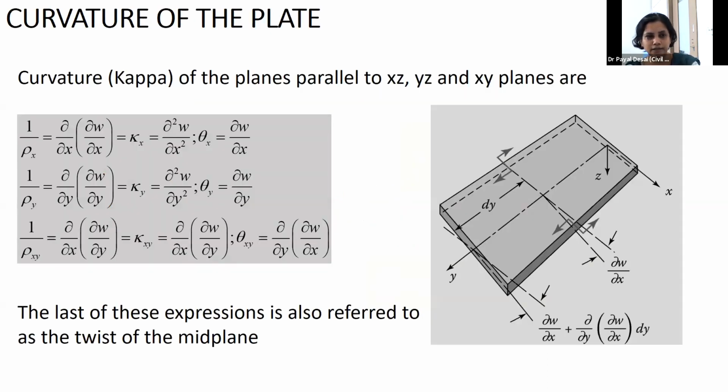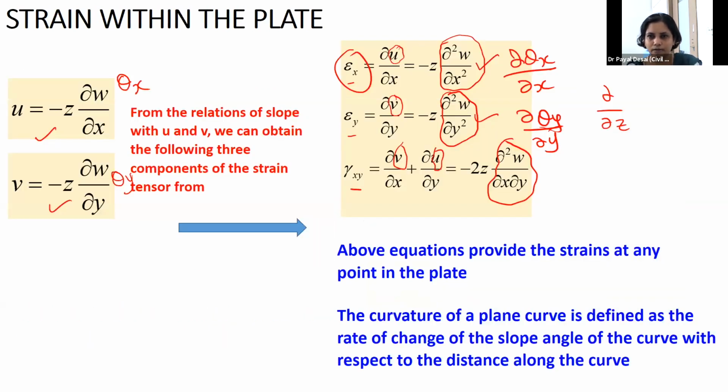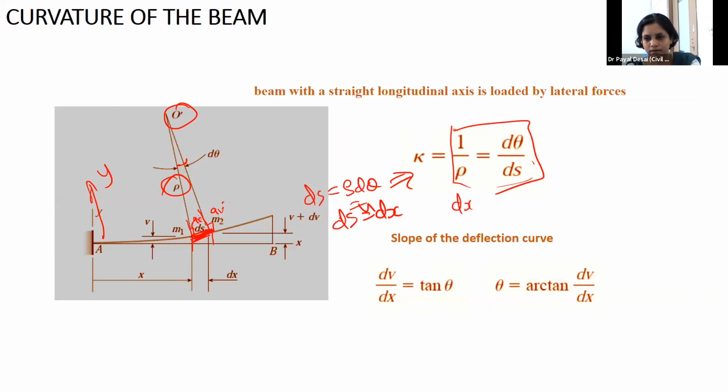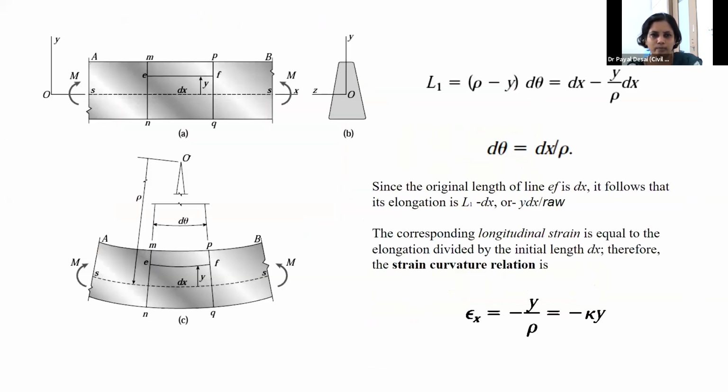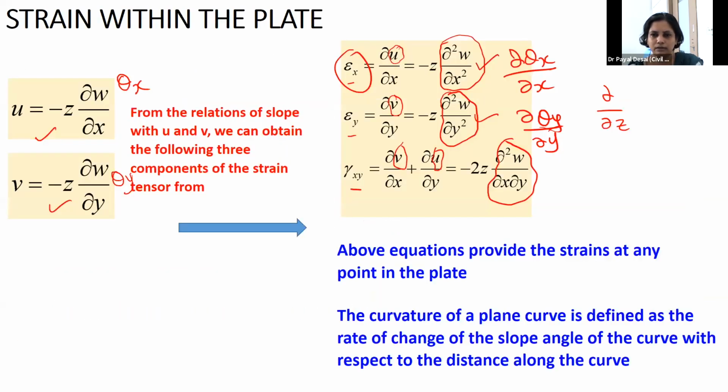But in this, we are getting the quantity from the strain, the second order of the deflection in case of plate. So you may use the equations directly. And this is about slope, that is dv by dx. Now in case of plate, there is a strain curvature relation. In case of beam also we had a much simplified version.